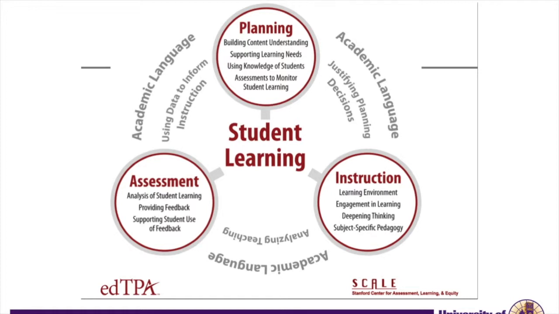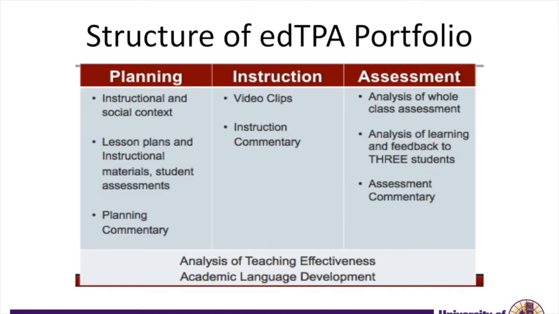This is a graphic organizer for what students must do. You can see it focuses on planning, instruction, and assessment, and weaves through it academic language. These are specific documents the teacher candidate submits in planning, instruction, and assessment. Notice, the teacher candidate is doing what she or he has to do in student teaching.